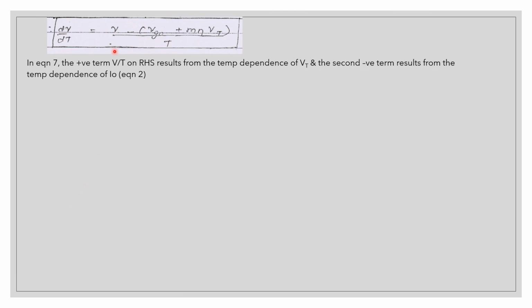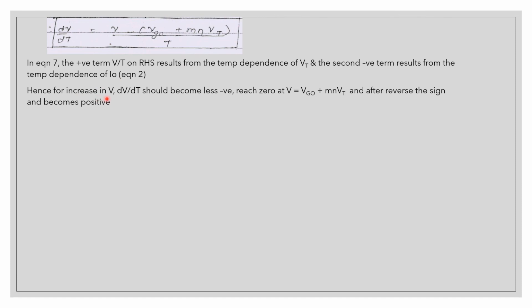So this is equation 7. In this equation, the positive term V/T on the right-hand side results from the temperature dependence of Vt. And the second negative term, −(Vg0 + mηVt)/T, results from the temperature dependence of I0, which we can see from equation 2.